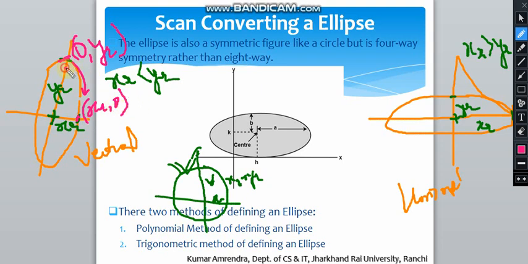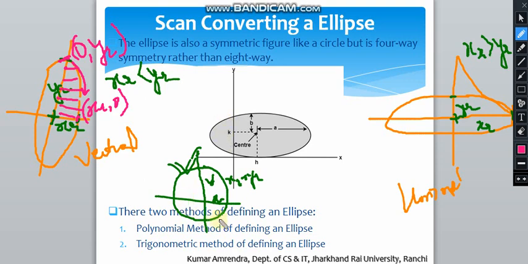We have made the first quadrant, and with the help of symmetry we can draw all the other quadrants, that are quadrants 2, 3 and 4. So let's start how to plot these points in quadrant 1.